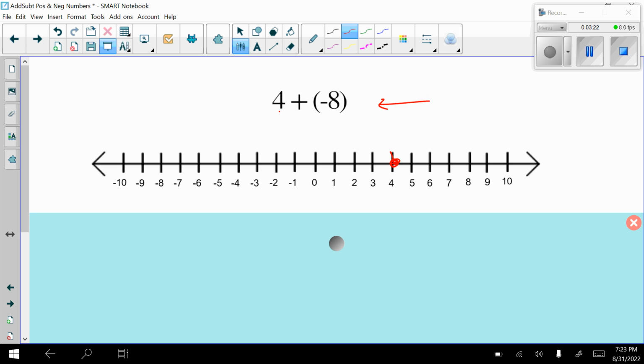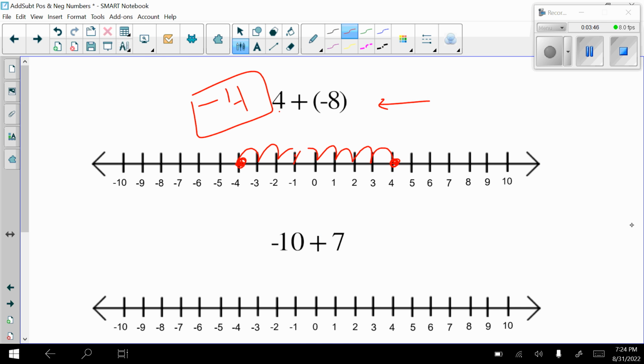You'll see what I mean. 1, 2, 3, 4, 5, 6, 7, 8. So when we go down 8 spaces, I end up at negative 4. So that's going to be my answer to this one. Okay. So 4 plus negative 8 is the same thing as 4 minus 8. It gets me down to negative 4.